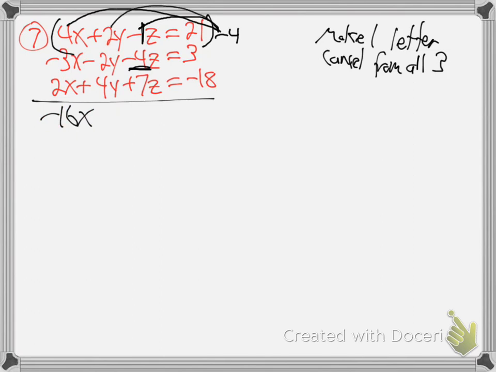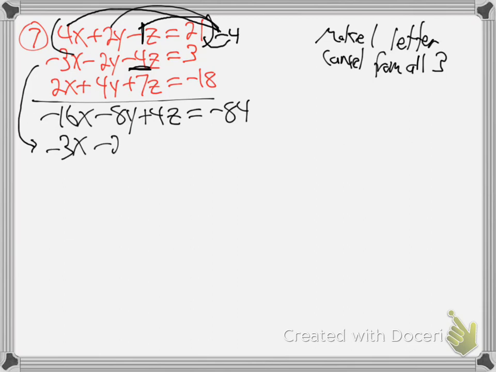So you get -16x minus 8y plus 4z is -84 when he multiplies that. All right, and then bring down the one in the middle, this guy, -3x minus 2y minus 4z is 3.